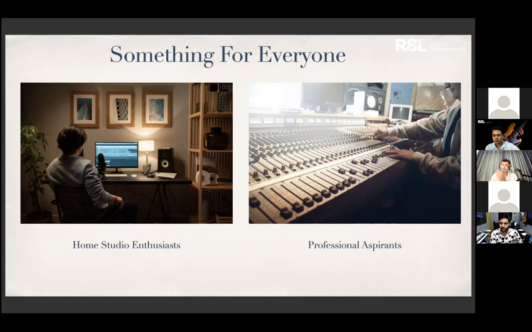So you take my word for it: if you do grade 5 and grade 6, you'll feel like you've done at least the first year of your college education in music production, guaranteed. That's quite advantageous in terms of the amount of information provided. So there's something for everybody.